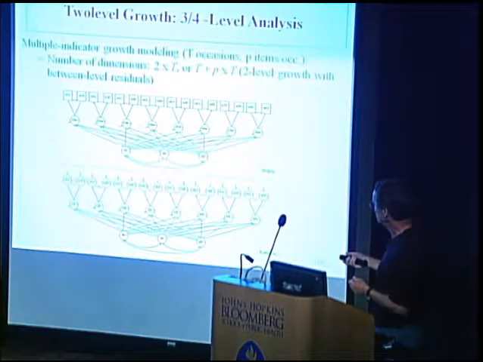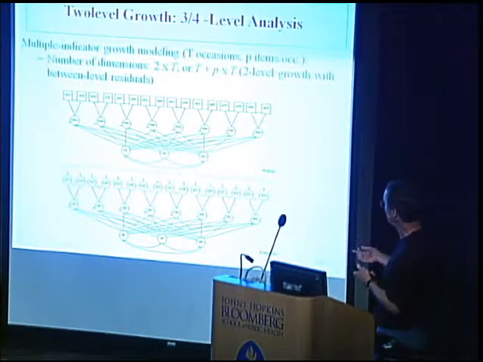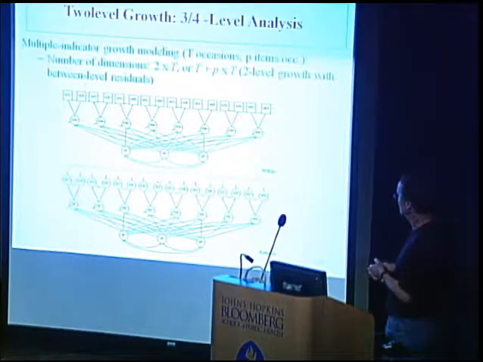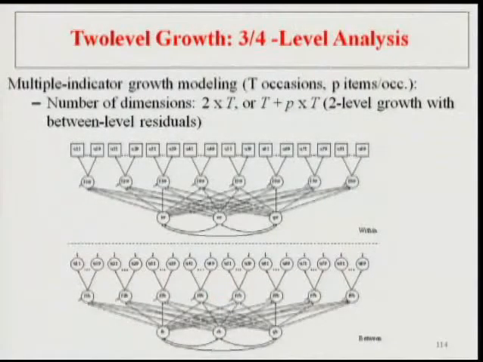So that's time and item-specific classroom variation that's in there. If you didn't have them in there, your number of dimensions would be 2 times T. That is, the number of latent variables that you would have to integrate over in ML would be the 8 plus the 8: the 8 factors on within plus the 8 factors on between, rather. So you would have 16 dimensions of integration.